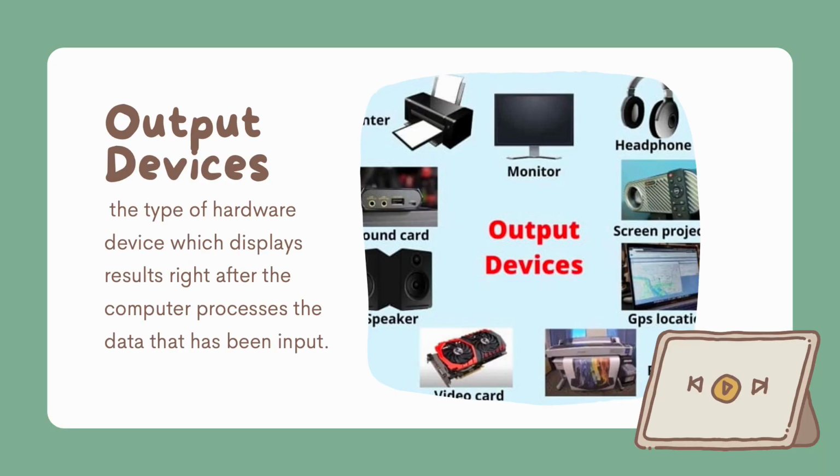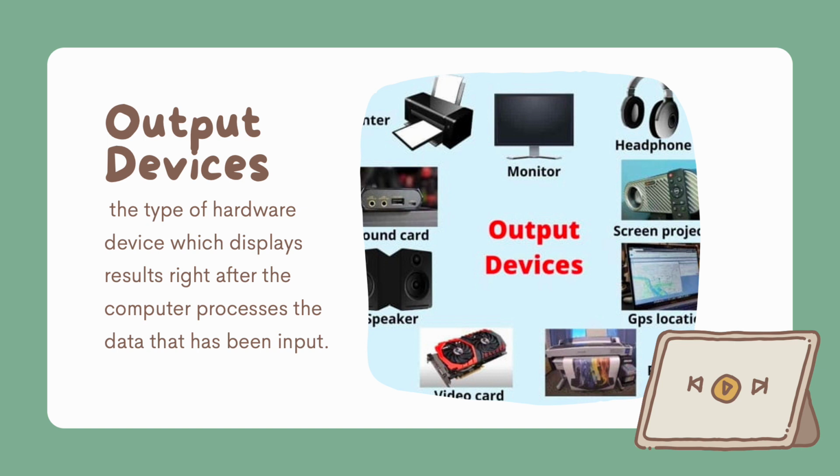Next, let's discuss our topic. Peripheral devices under output devices. Let's read. The type of hardware device which displays results right after the computer processes the data that has been input.